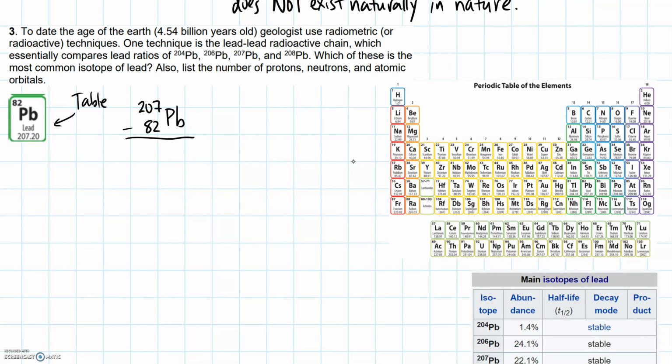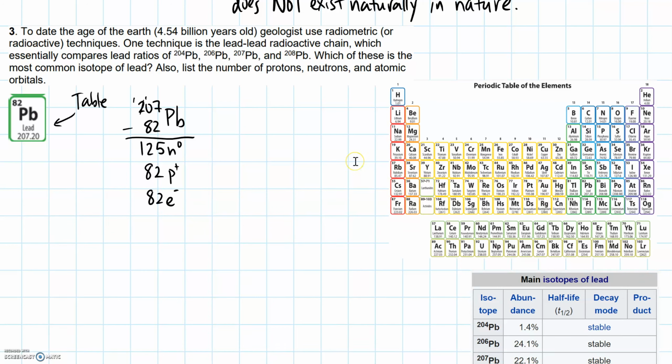So now if I subtract that, I'm going to get 5. I'm going to borrow 1, which then gives me 1 here. So therefore, I'm going to get 125 neutrons. But because this is lead, I know that it has 82 protons, 82 electrons.